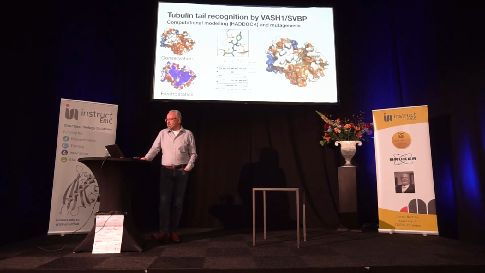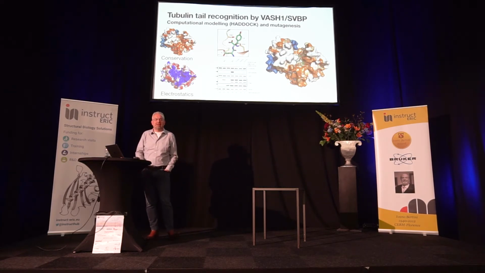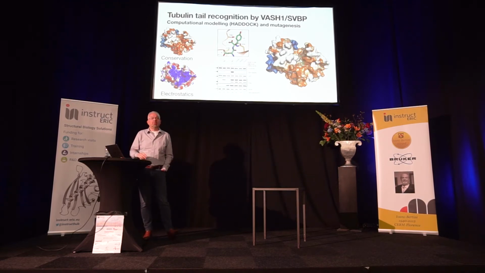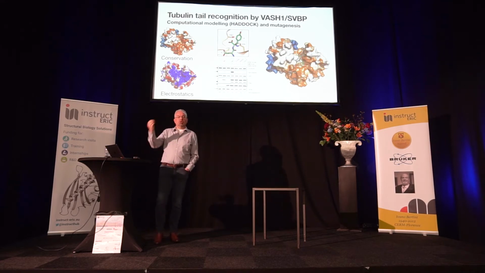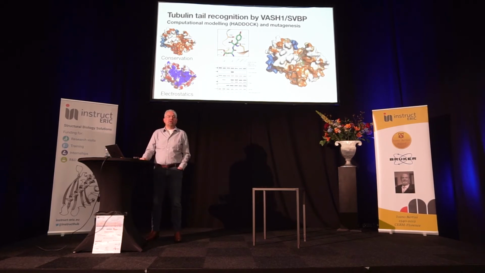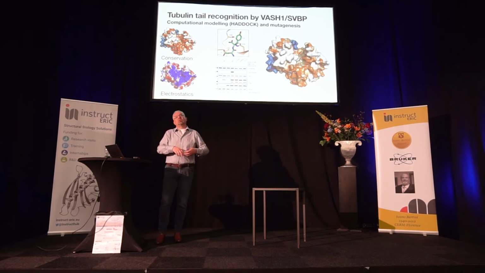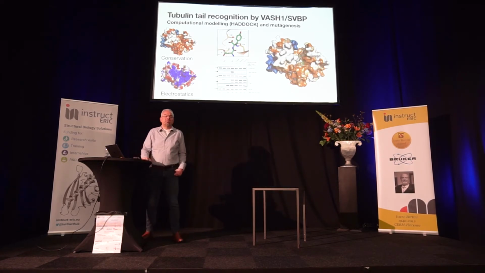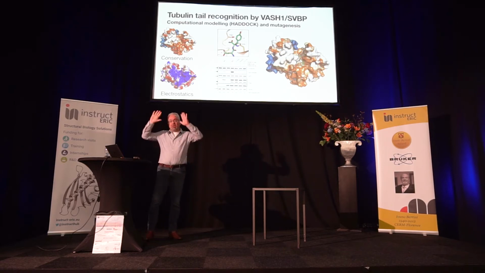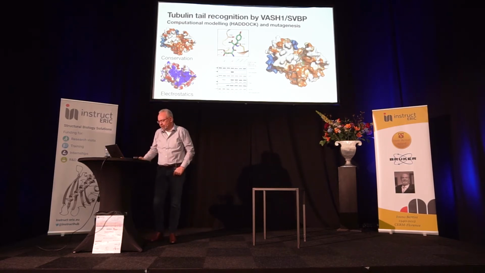And we have this beautiful program, HADDOCK, which is not blind peptide binding: we know the active site residues, we give it a few hints, then we dock the peptides, it gives us some ideas, we mutated more residues, we assessed them in cells for their function, and we took the mutants that were changing the phenotype and put them back to HADDOCK, and finally we got a rather convincing model of how the alpha tubulin tail is bound, which you see there in green. It is indeed bound in this open groove of VAS1.